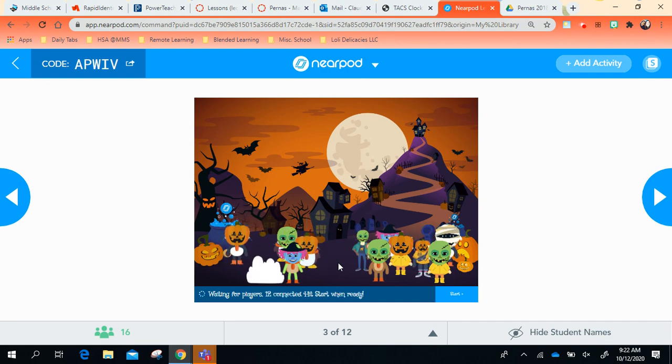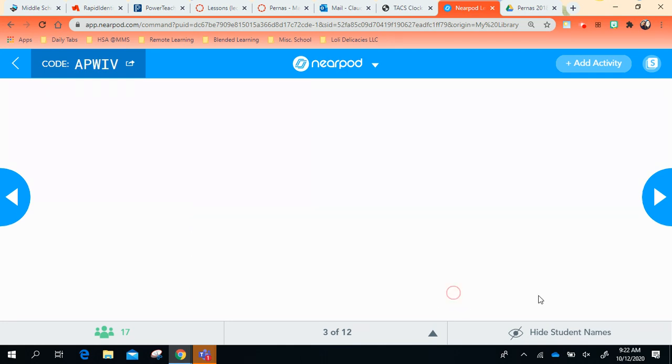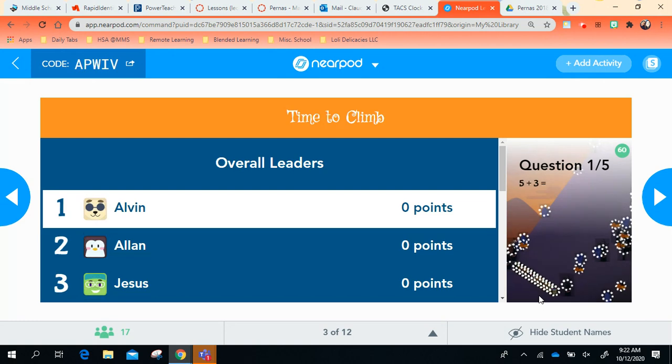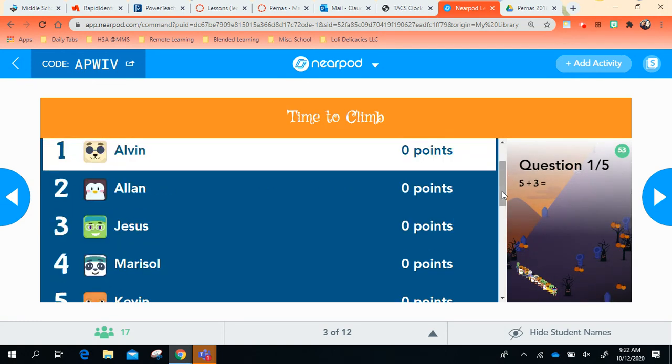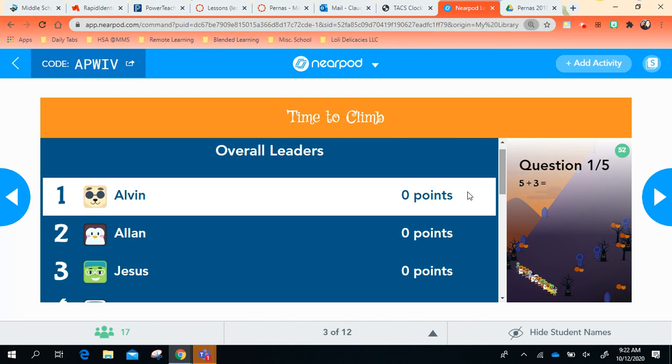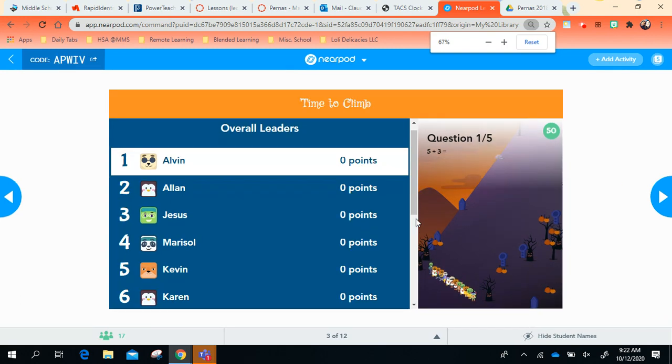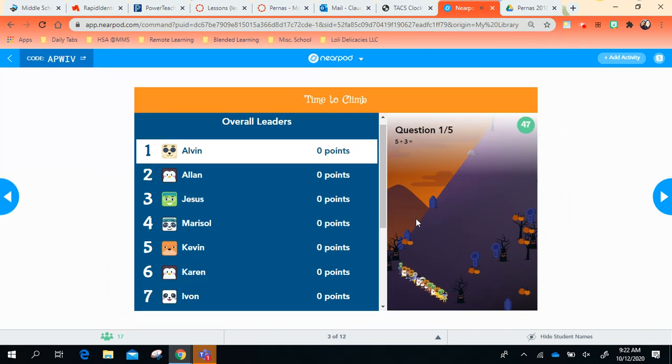Okay, I'm going to start whether you're all in there or not. Those are some spooky looking monsters. Should I hide the names or should I keep them out? What do you think? No one cares? Okay. You get to see your names there. I'm going to make it smaller so you can see more of them on there.